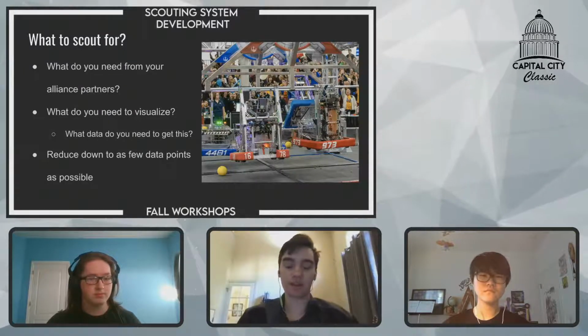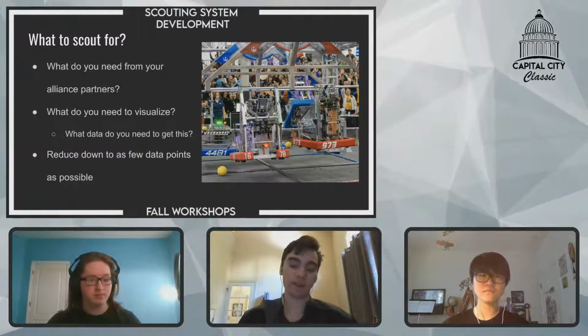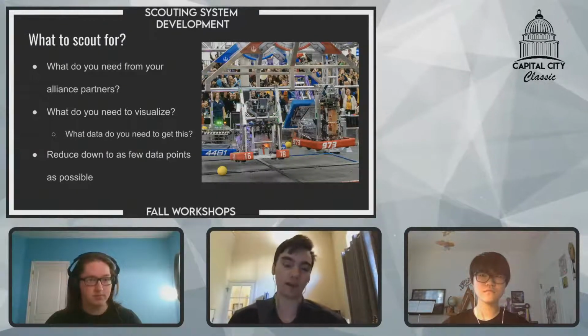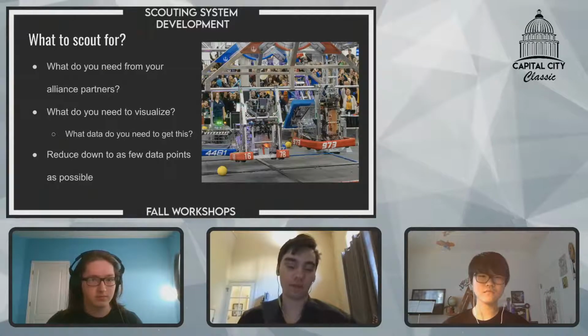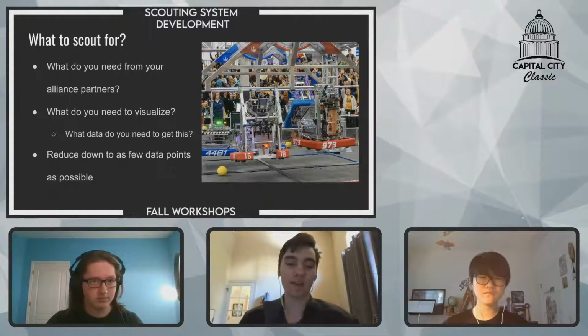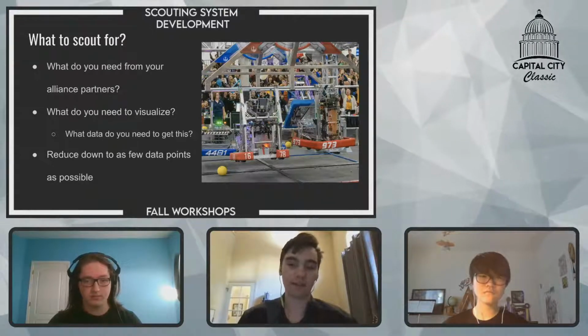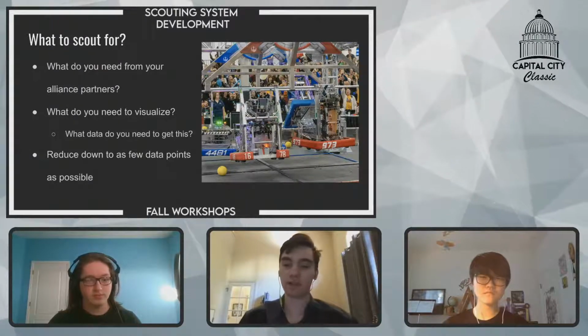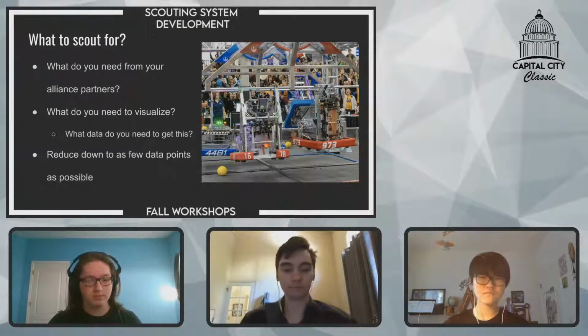Something you're going to hear us talk about a lot is reducing the number of data points that you're actually collecting, because a repeating theme in this presentation is going to be data accuracy. If your scouts are trying to collect less stuff, the stuff they do collect is going to be more accurate.